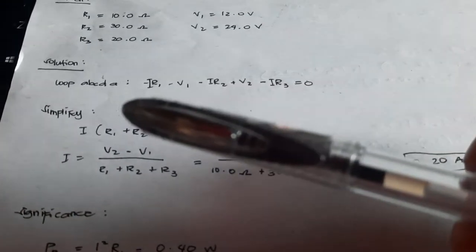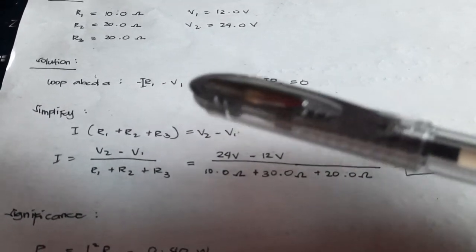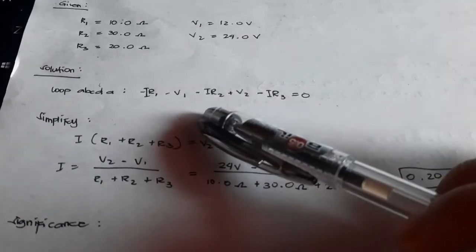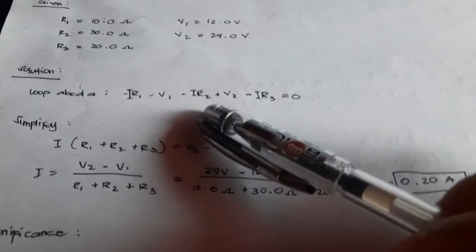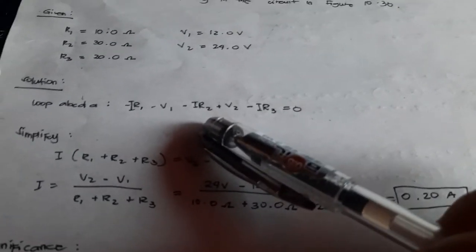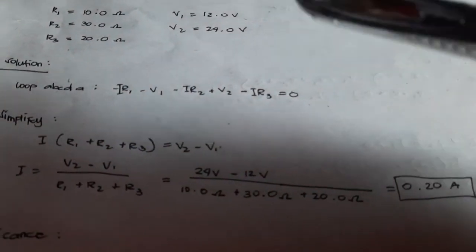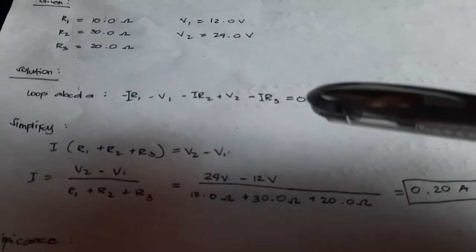So loop ABCDA is equals to negative I R sub 1 minus V sub 1 minus I R sub 2 plus V2 minus I R sub 3 equals 0.